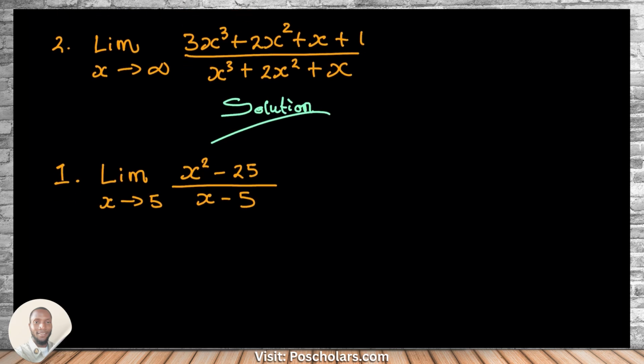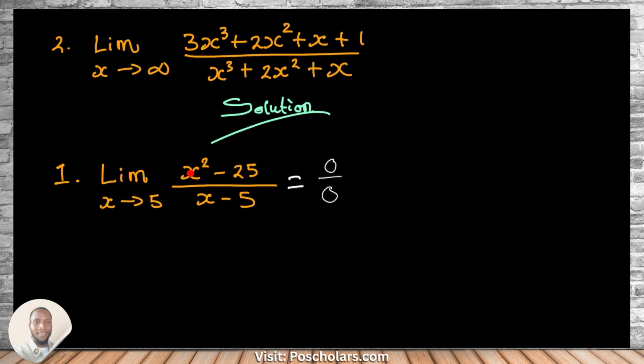Now the question says, find the limit of this function as x approaches 5, or as x gets closer and closer to 5. But if you observe this function very well, you will see that the value of this function when x is exactly 5 will be given as 0 over 0. How do I know that?